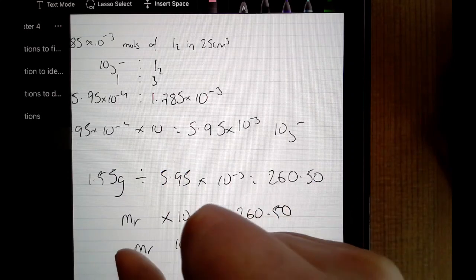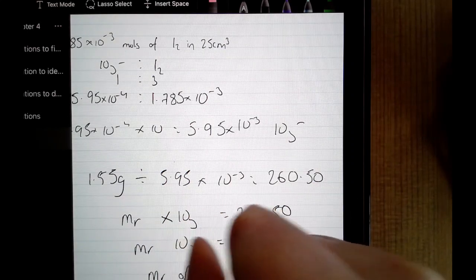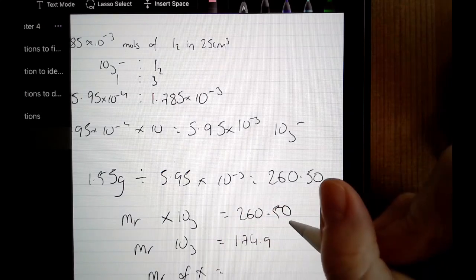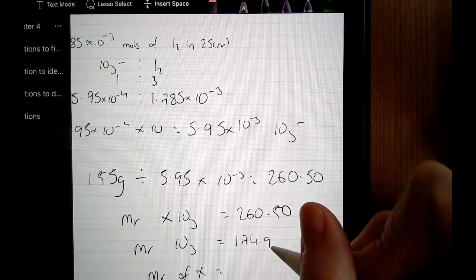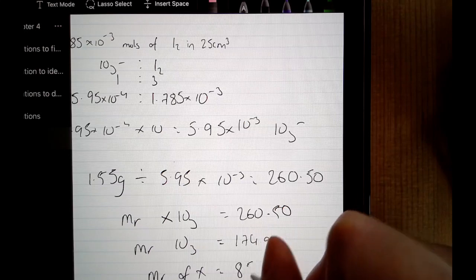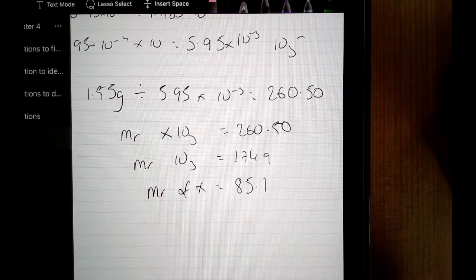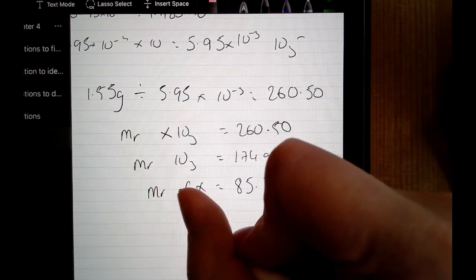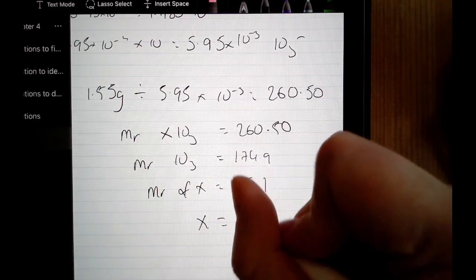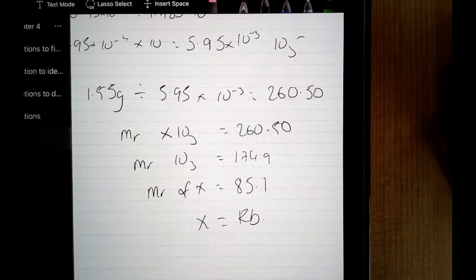And then I can work out the formula mass of X by just subtracting 260, subtracting 174, and I get 85.1. All I need to do then is go to my periodic table and find the group 1 metal with an atomic mass of 85, and the answer is rubidium.